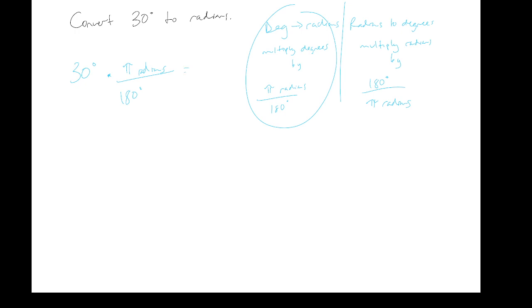The degrees and the degrees are going to factor out. And then the 30 is going to go away because I'm going to factor this down to become 6. So effectively I have pi over 6 radians as my units, and that is the measurement of that angle. It's not a length, but it's the measurement of that angle.